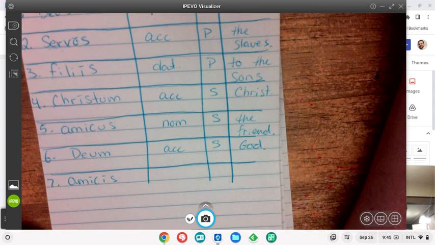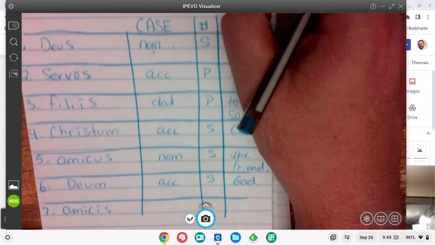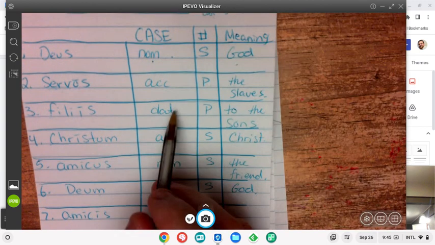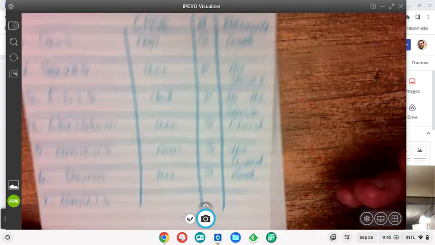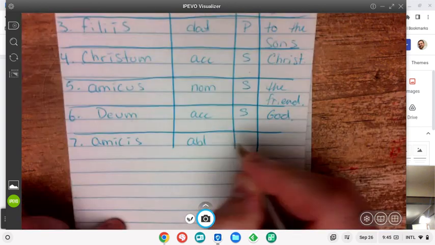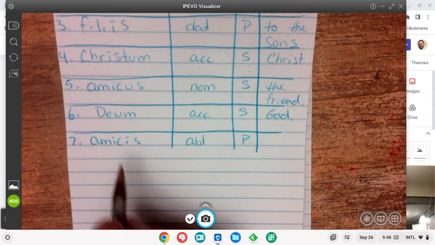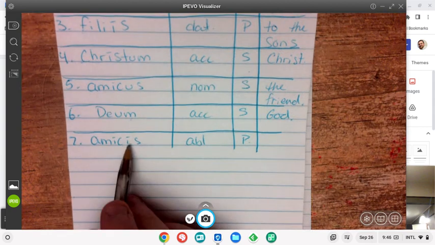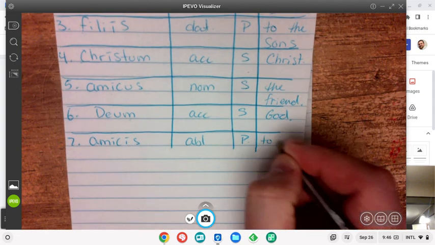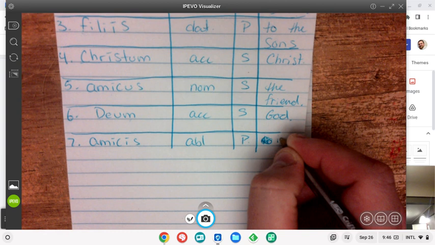And then amicis. We had an is up here, and we used the dative. Let's use the ablative plural for this one. And so we saw the same stem, amic, up here, and so we saw that means friend. So when we have an ablative plural, there are a few words that we can use with the ablative.